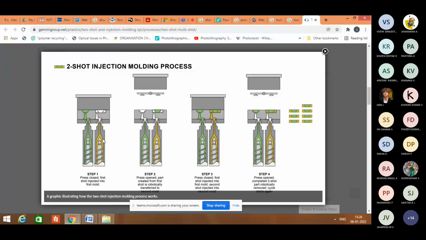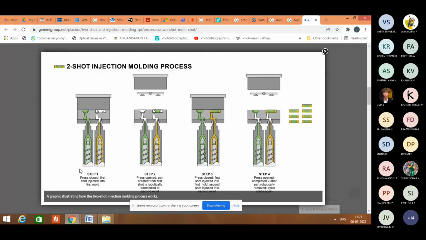But the important point here is both materials should have a similar thermal history. While you process these two materials, both should have the same thermal history. It means both materials should have somewhat similar melting points. Otherwise, you cannot control the flow of the material from each unit.